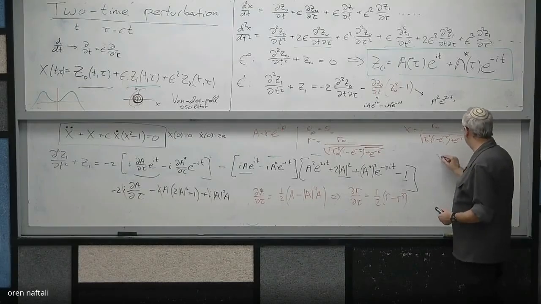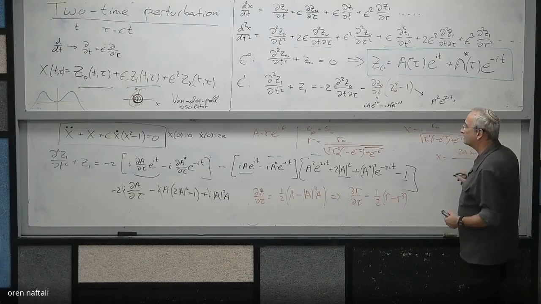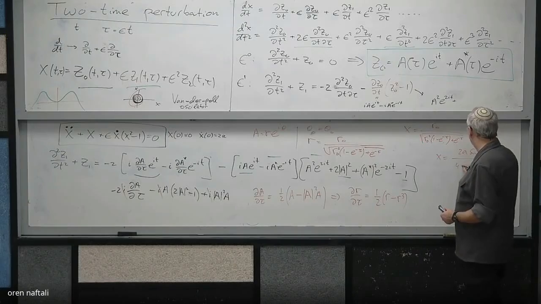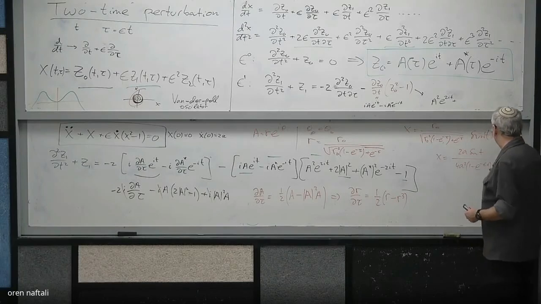So I discovered that x is 2a sine t divided by the square root of 4a squared times 1 minus e to the minus epsilon t, plus e to the minus epsilon t, to the power of 1/2, right?